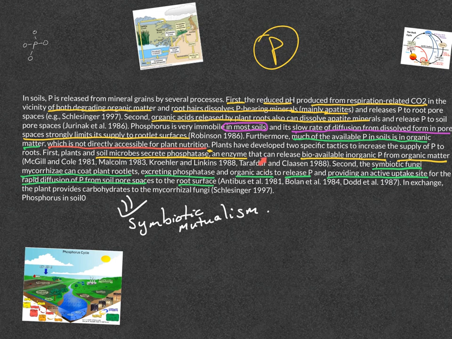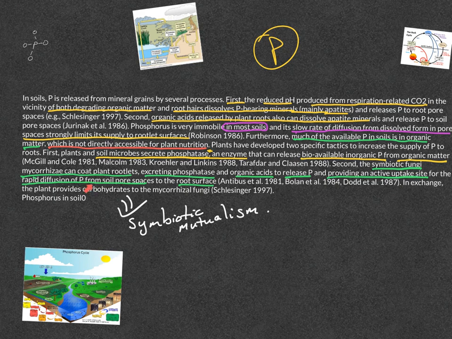It also releases organic acids that help release the phosphate from rocks, from minerals that the phosphate was trapped in. And then that allows the plants to take up through diffusion into its roots inorganic phosphate that it can use for biological purposes.